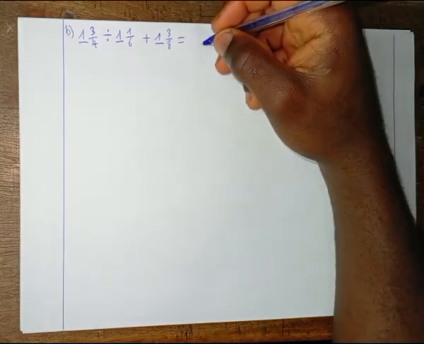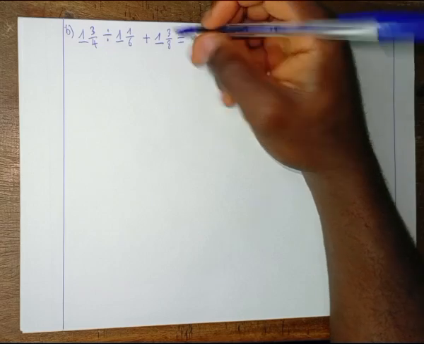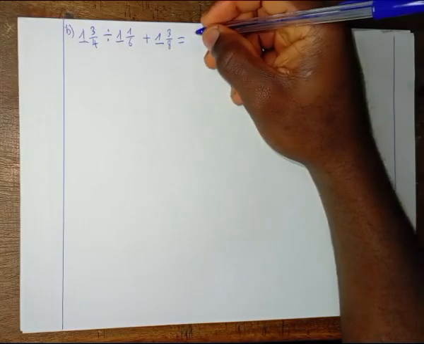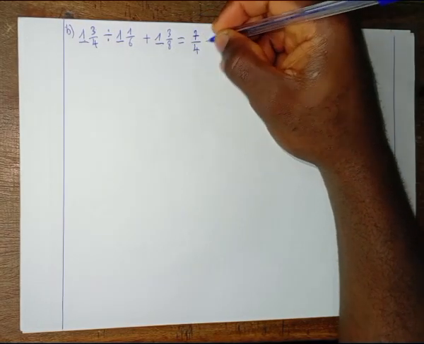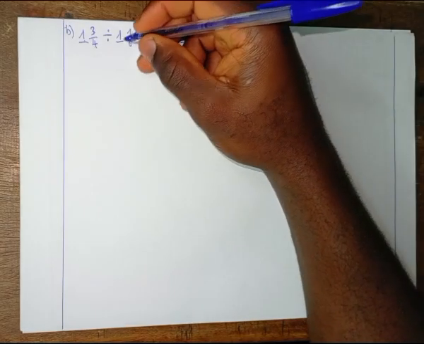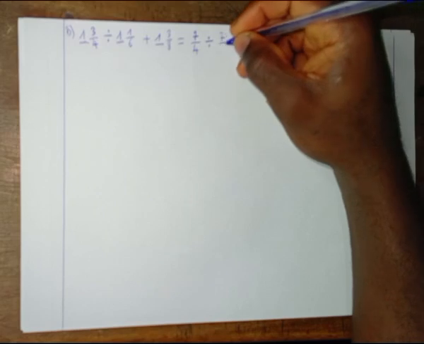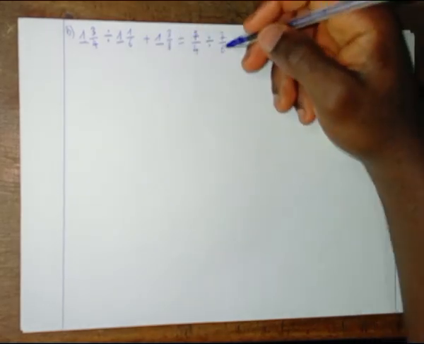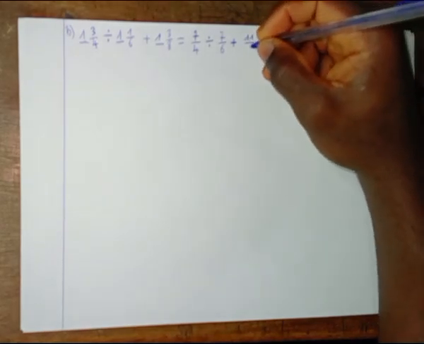This will simply be equal to, first thing, we are going to change all the mixed fractions to improper fractions. 4 times 1 gives 4 plus 3 gives us 7 all over 4, divided by 6 times 1 remains 6 plus 1 gives 7 all over 6, plus 8 times 1 remains 8 plus 3 gives us 11 over 8.